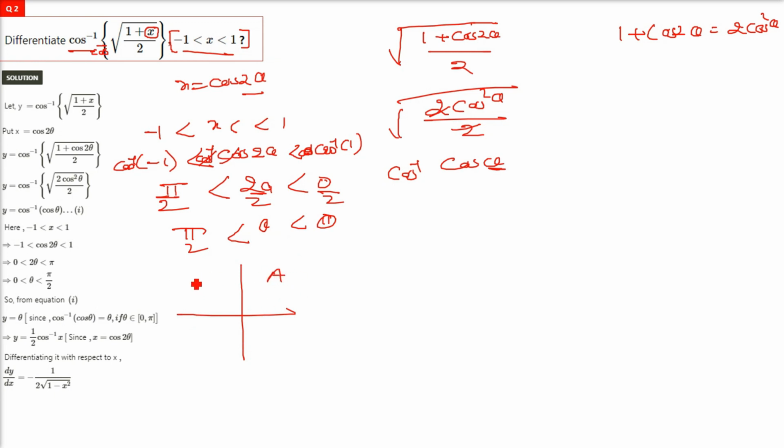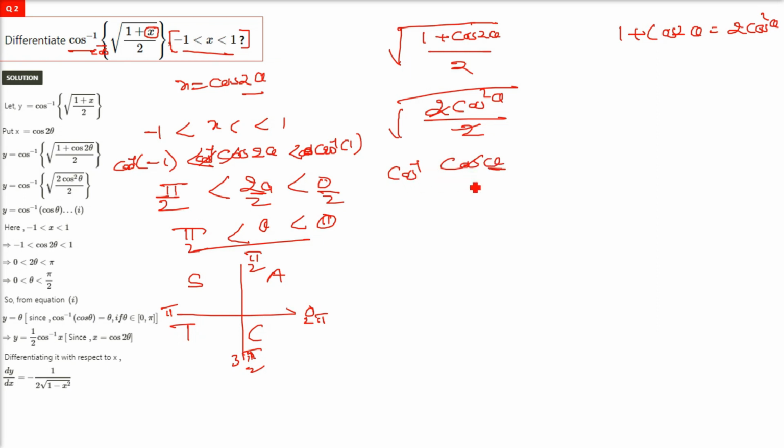Here we have the value of theta between 0 and pi by 2, and between 0 and pi by 2 everything is positive. 0, pi by 2, pi, 3 pi by 2, then 2 pi, like this it goes, just add pi by 2 each time. But in every quadrant, one of the trigonometric functions is positive, others are negative.